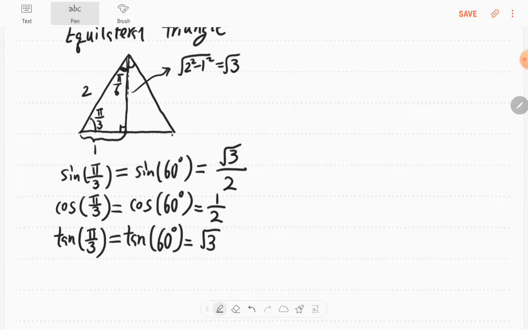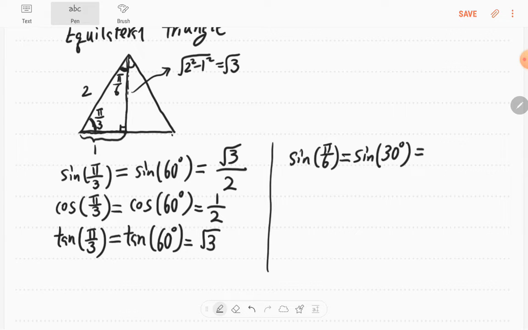So we look at this angle, right? Pi over 6. Sine pi over 6, which is sine 30 degrees. Okay, which is the opposite? The opposite is this side, right?